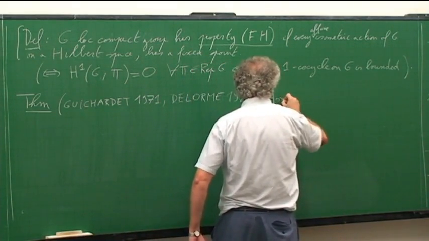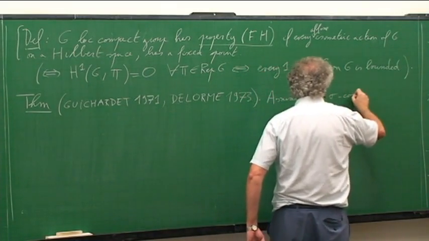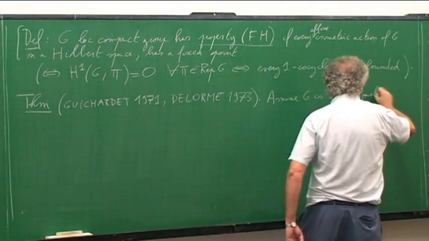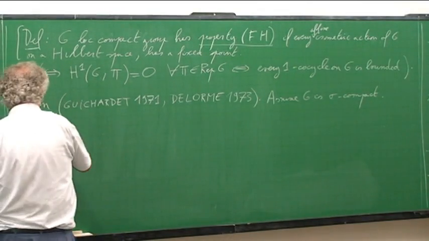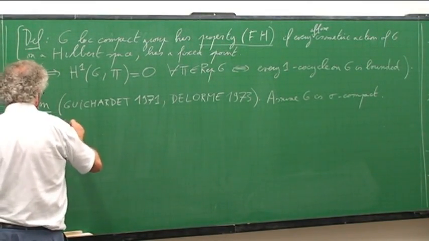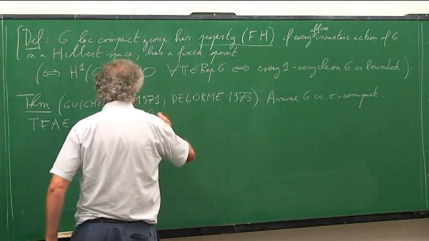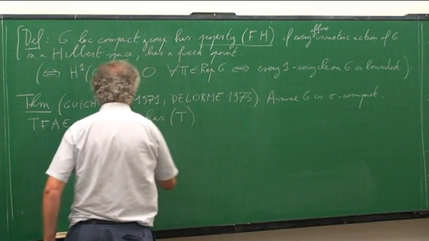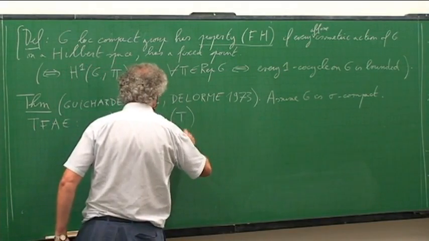Assume G is sigma compact, a countable union of compact sets. Then the following are equivalent. First, G has property T. Second, G has property FH.